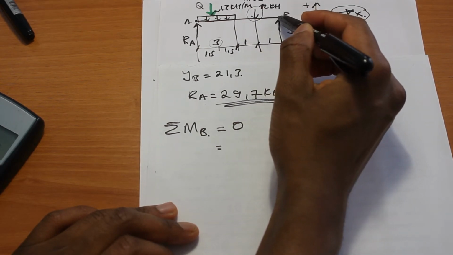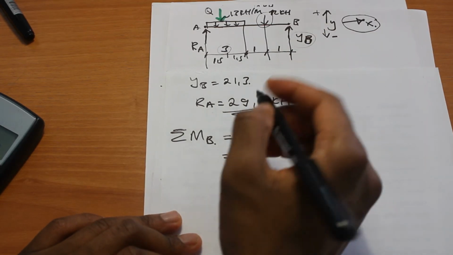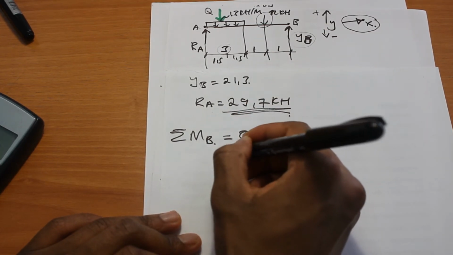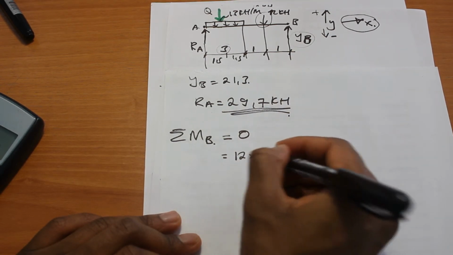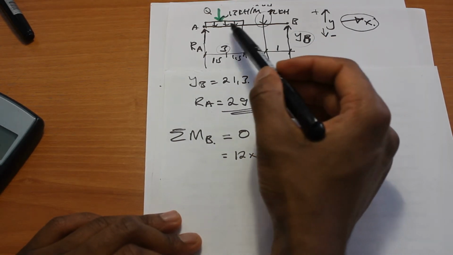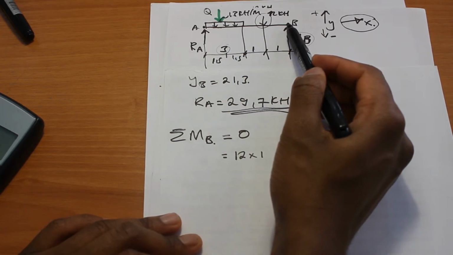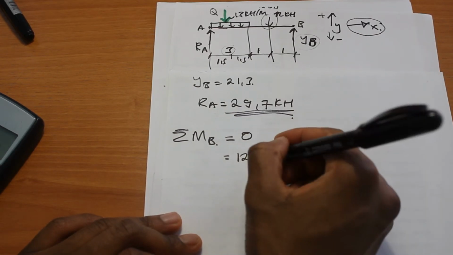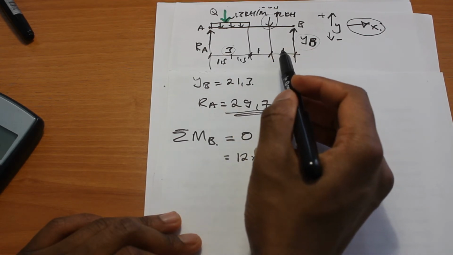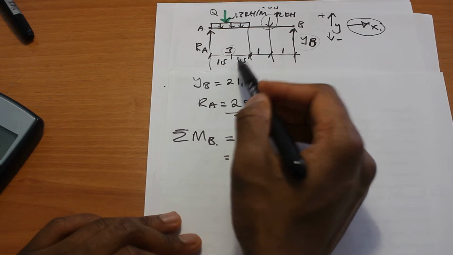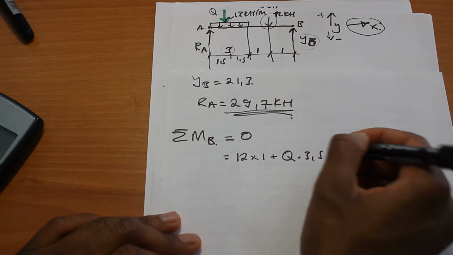This 12 here is moving in the anti-clockwise direction, so it gains a positive value. So it will be 12 times the distance from this point here, which is times 1. When I get to Q, it is also moving in the anti-clockwise direction, so it has a positive value. So it will be plus Q multiplied by 2 plus 1.5, that is 3.5, minus RA.